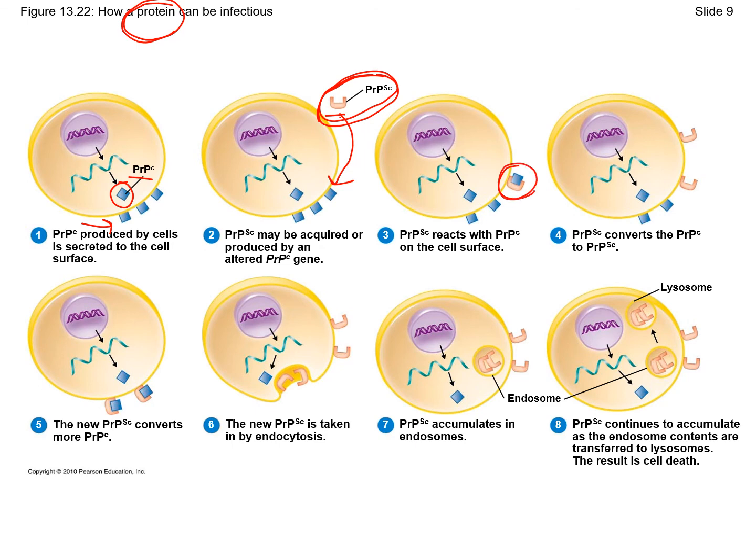And when it does so, it converts the normal prions into abnormal prions. So it's kind of like a domino effect. As long as you have one abnormal prion in your body, that's going to start converting the other prions into abnormal prions. And that continues, again, in a domino way or a cascade way.